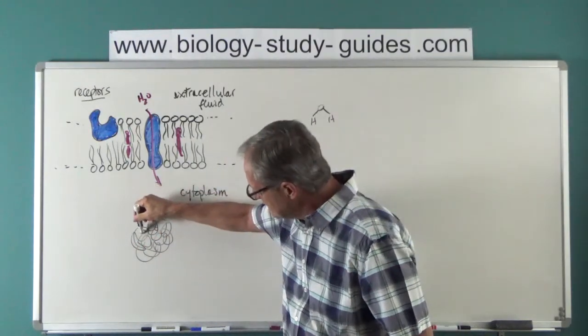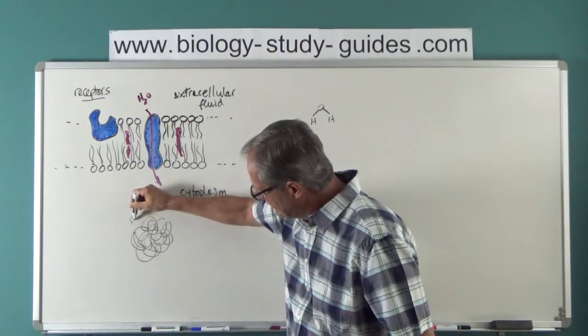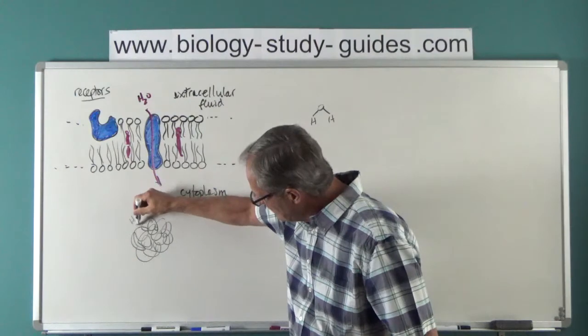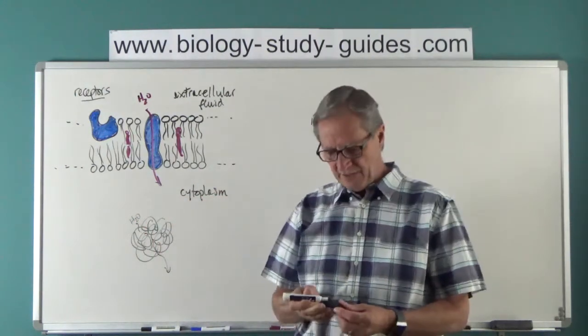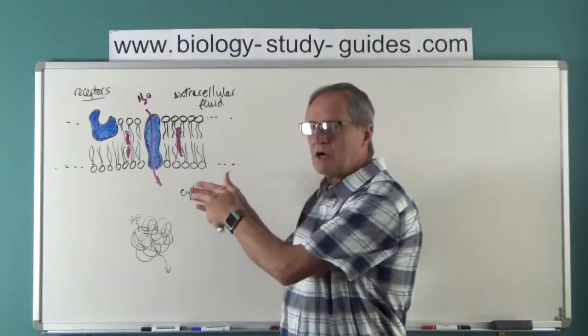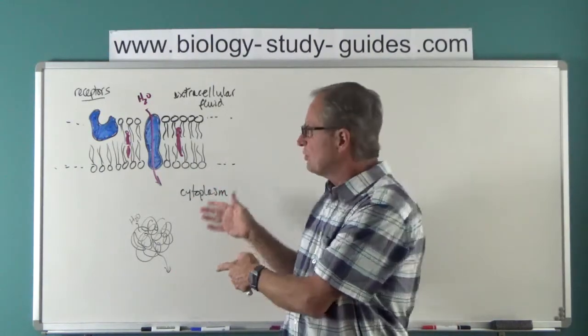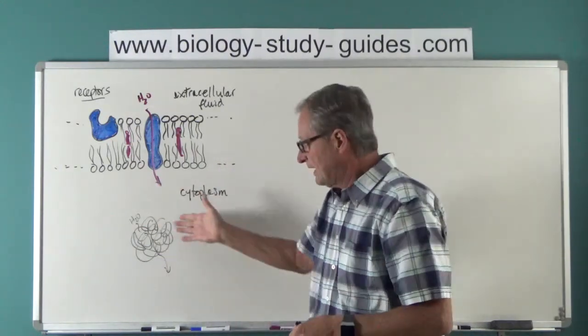There are spaces in here, and water can actually sneak in between these spaces and get through. These spaces would have to be lined with polar R groups, so polar matches polar and can actually go through. That's how it gets through.